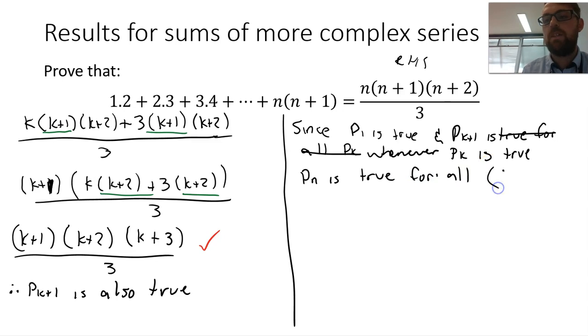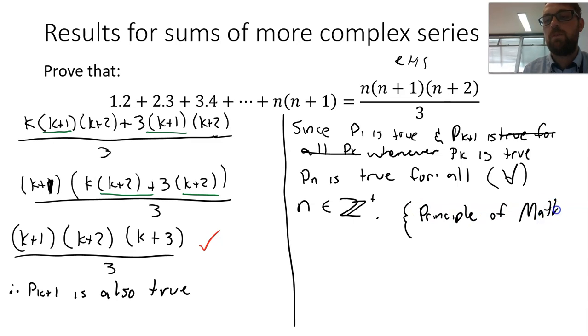Sneaky way of writing for all is this upside down A. So for all of our n's belonging to the real positive integers, and we've done it. And we just have to write that is due to the principle of mathematical induction.